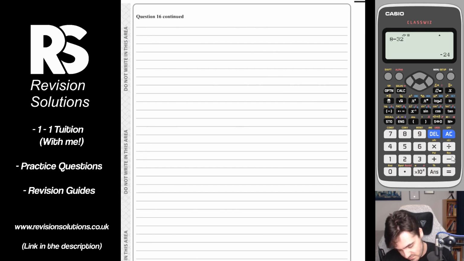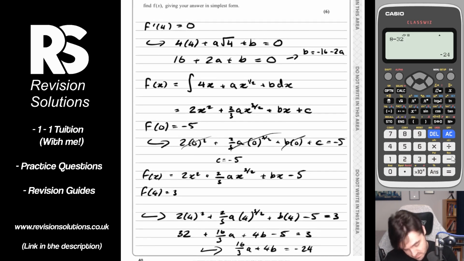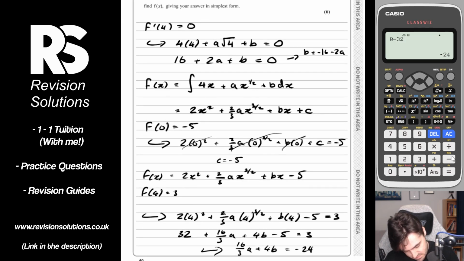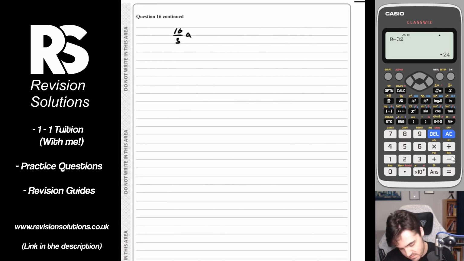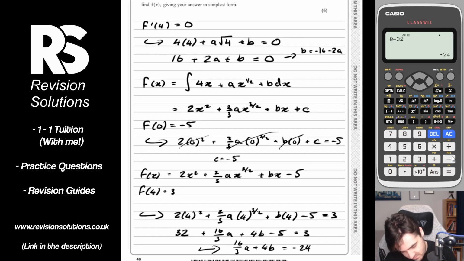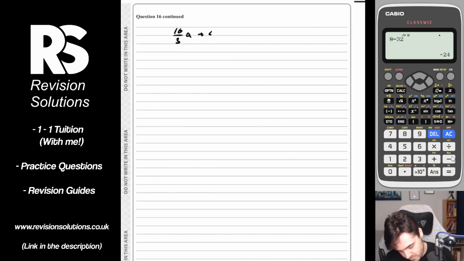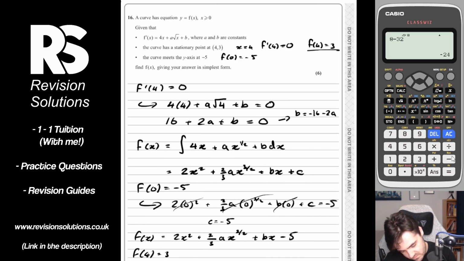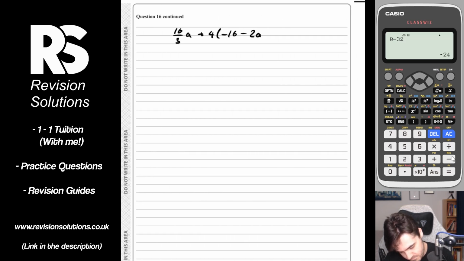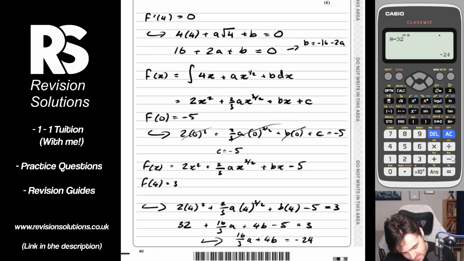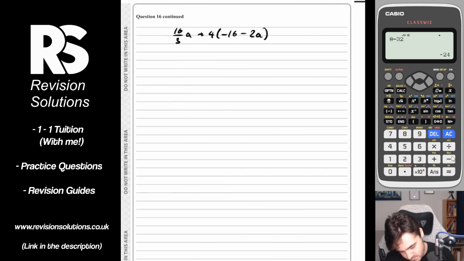So we had 16 over 3 a, and then we had 4b, so 4 lots of minus 16 minus 2a. Is it plus 4b? Yes, plus 4b. Plus 4 lots of minus 16 minus 2a. And then that was all equal to minus 24.